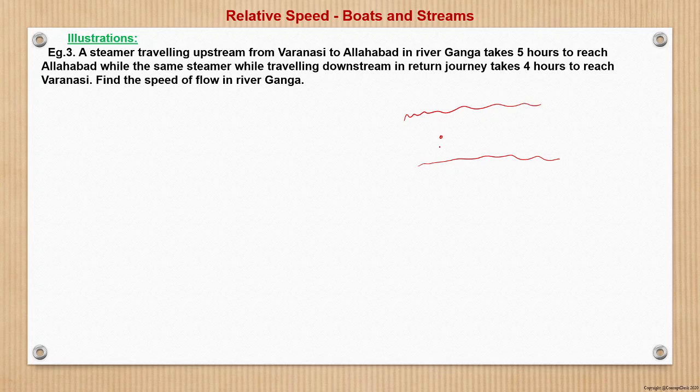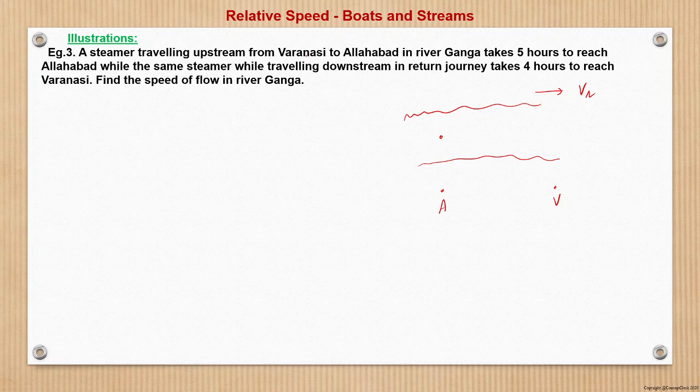So suppose here is point Varanasi, on ground here is Varanasi, and here is Allahabad. Sorry, so if this is the velocity of river, if this way the Ganga is flowing, so this will be Allahabad and this will be Varanasi, right?